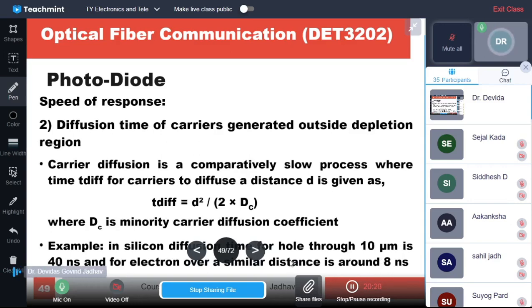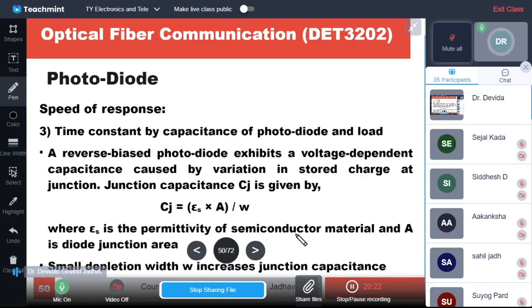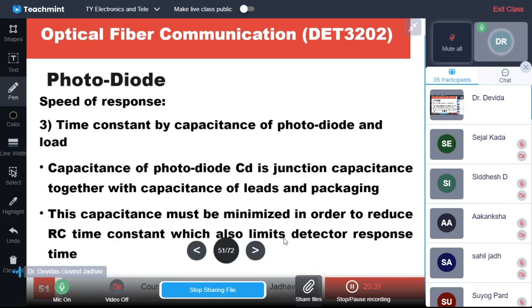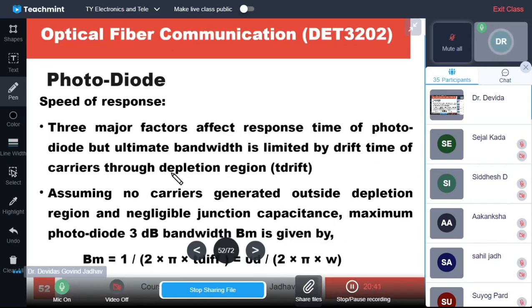The time constant involves Cj equal to epsilon A by W, where W is the depletion width, plus other capacitances such as lead and packaging, but the overall capacitance is small, not a very high value. So the speed of response is mainly dependent on T drift.